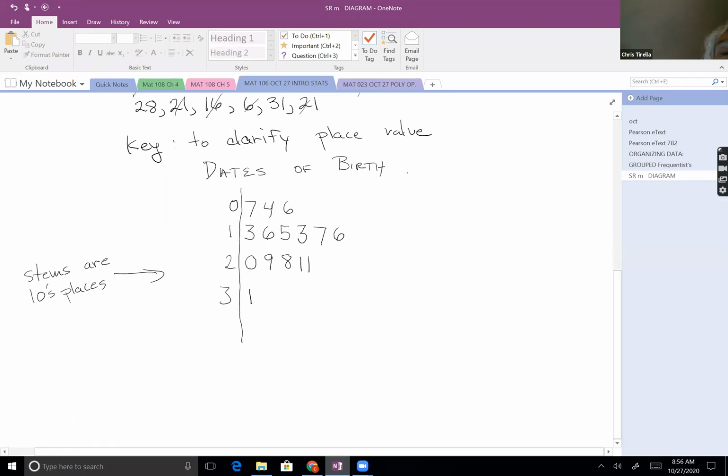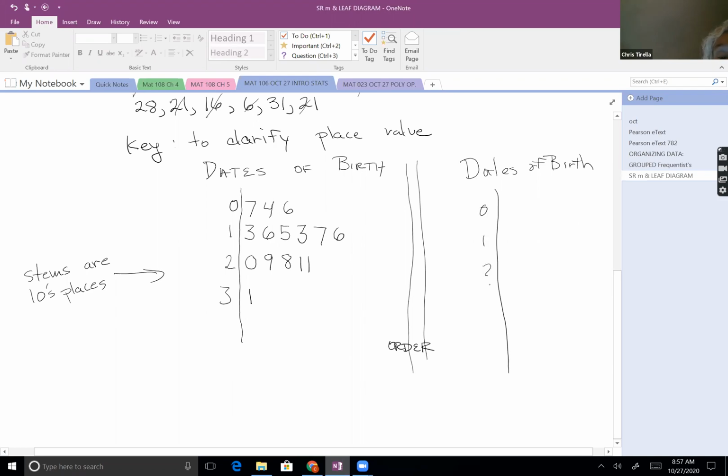What we need to do now is rewrite it in order. So for the next one, we're going to order them. And so again, it's the dates of birth. My stems are 0, 1, 2, 3. And if I put the leaves in order, first would be the 4, then the 6, then the 7.